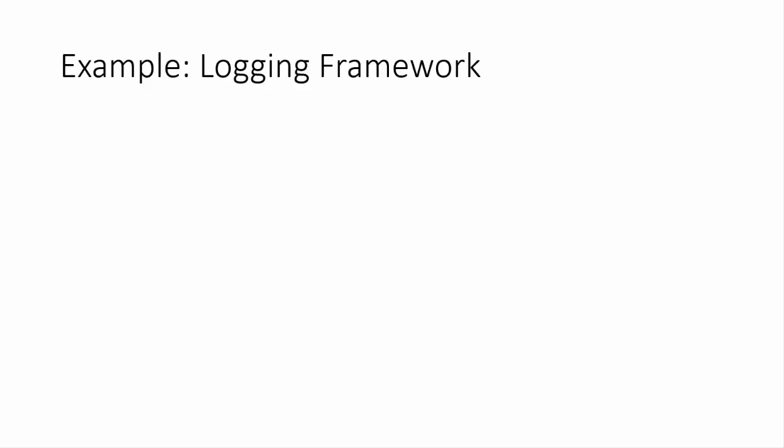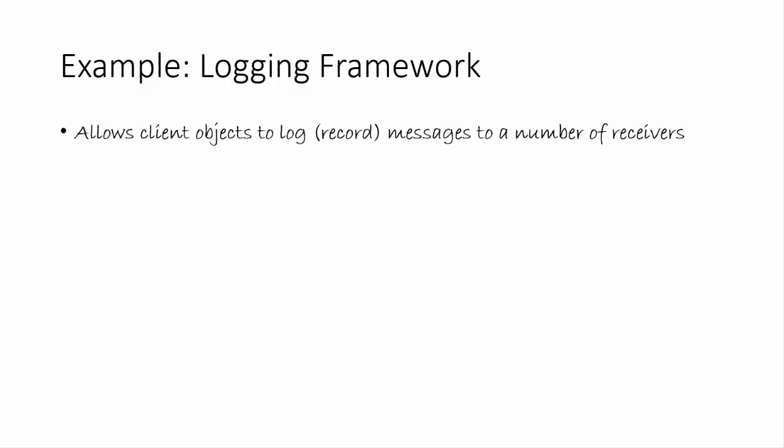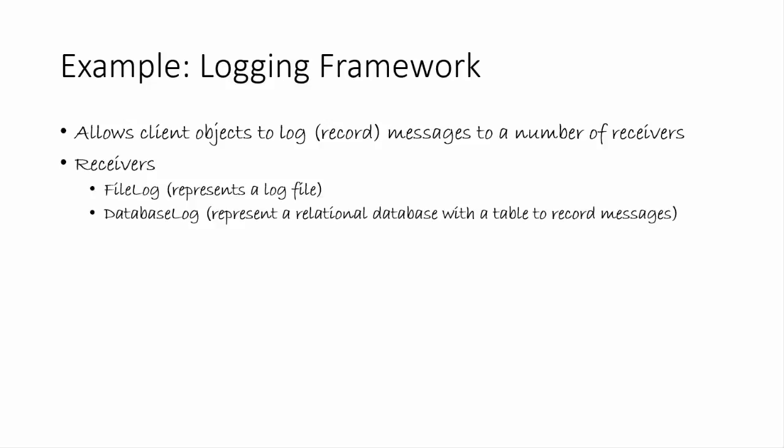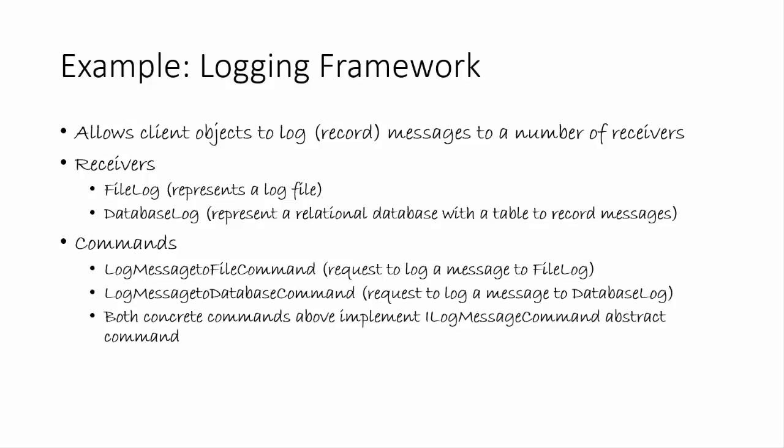We are going to implement the command pattern on a message logging framework. Here is the example. We have a client object that can request a number of receivers to record or log messages. Who are those receivers? File log, which represents a file, and a database log, which represents a table in a relational database that can record string messages.